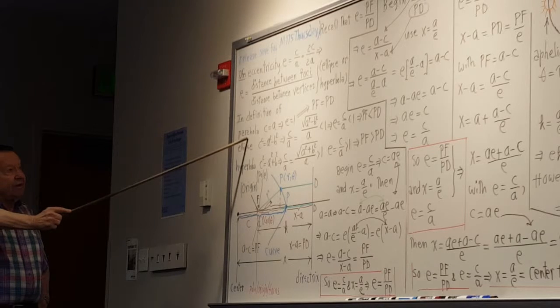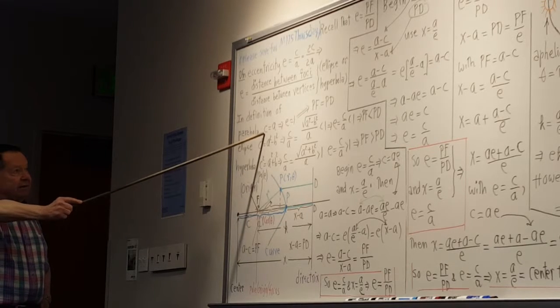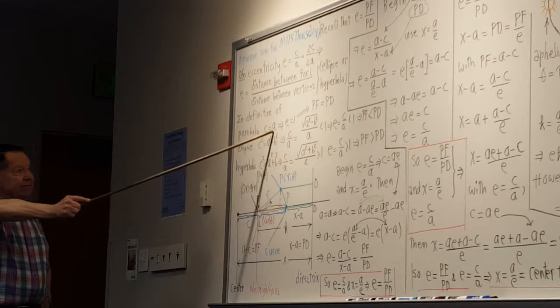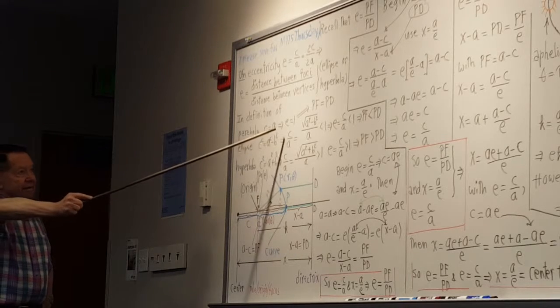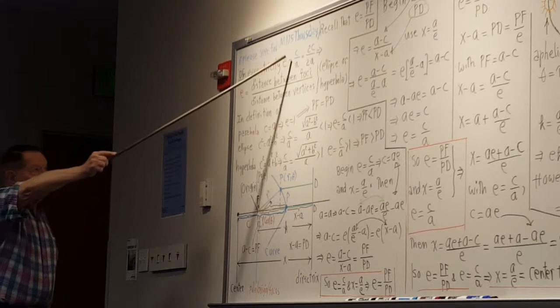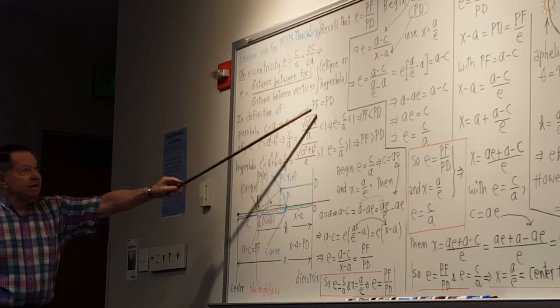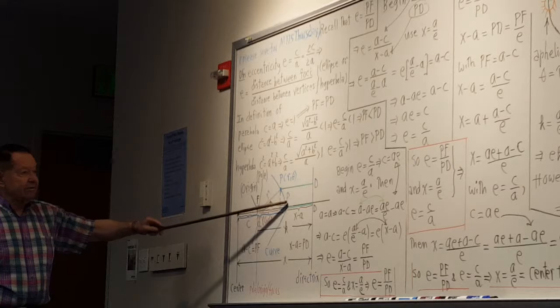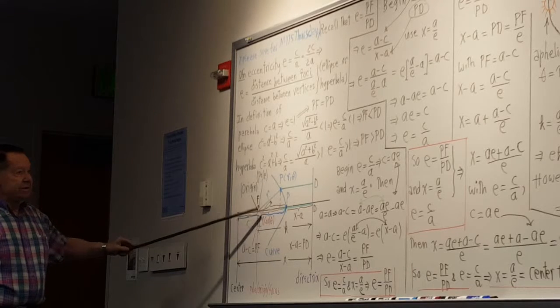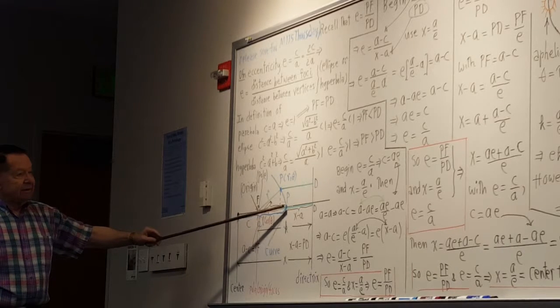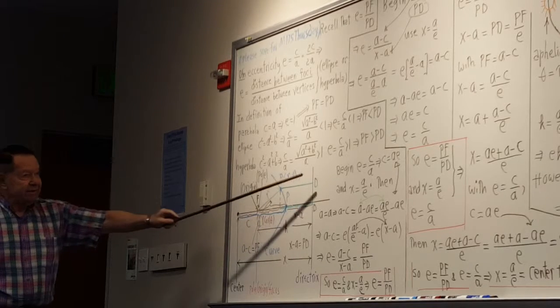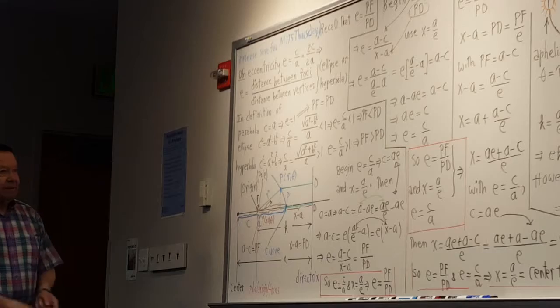Notice that if you're defining the parabola, the c is equal to the a, the e then is 1, equal numbers here. In other words, the distance from the point on the curve to the focus is equal to the distance from the point on the curve, say, to the directrix.